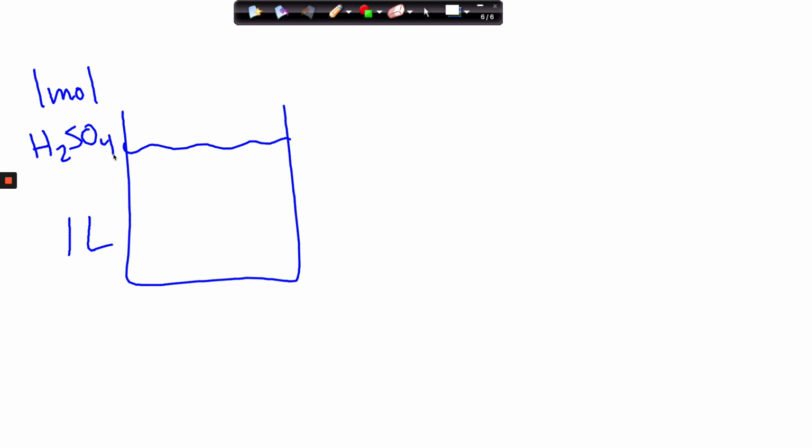So if we put 1 mole of sulfuric acid into water, what's going to happen? Sulfuric acid is an acid, yes? And it's one of the strong acids. So please complete the equation.